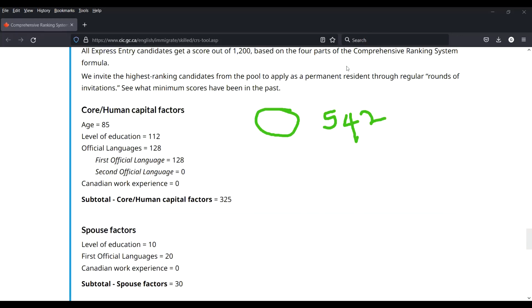One of the areas the candidate can work on is to either take a second language test like French, or look for a job in Canada to have experience in Canada, or go for a master's degree to increase his or her score. So basically, this is how the comprehensive ranking score works.